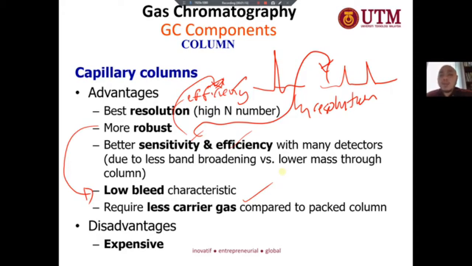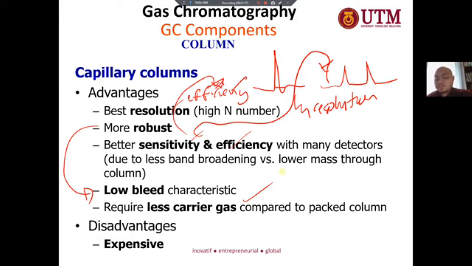But we need to keep in mind, even though it's robust when we adjust the temperature, in terms of fragility, the toughness of the column, the packed column is much tougher compared to the capillary column. Capillary column is much more fragile.